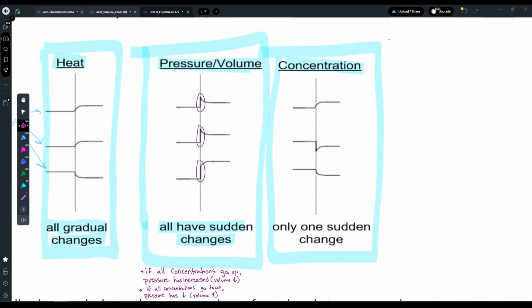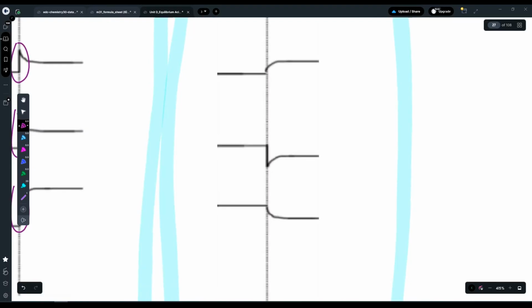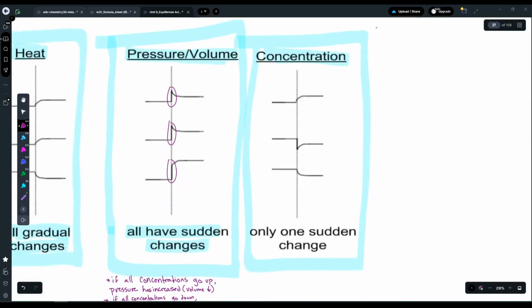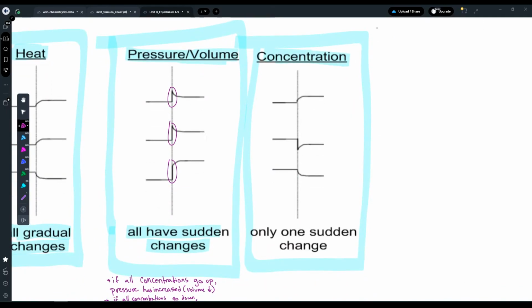Okay, and then if the stress applied to the system involves increasing the concentration of one substance, what you'll notice on the graph is that one of the substances is going to change quite sharply, but the other substances are going to change gradually. That's the last stress we can apply, changes in concentration.